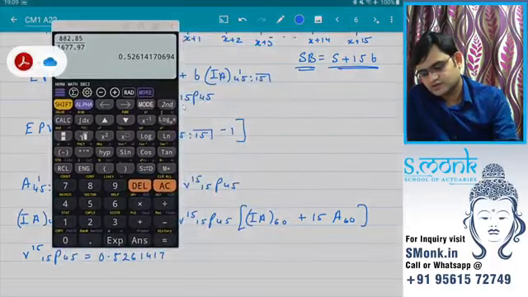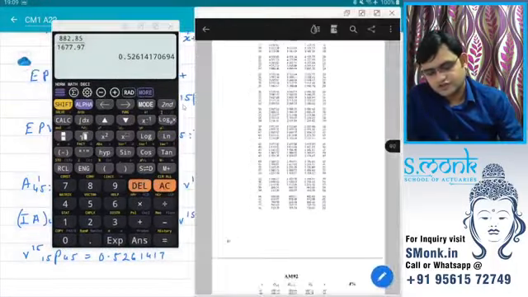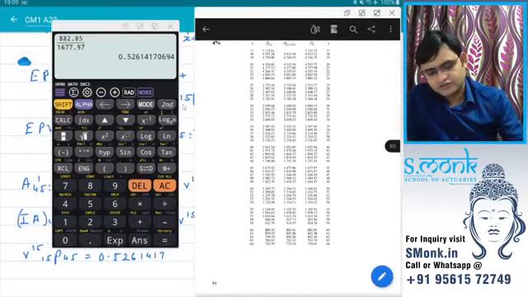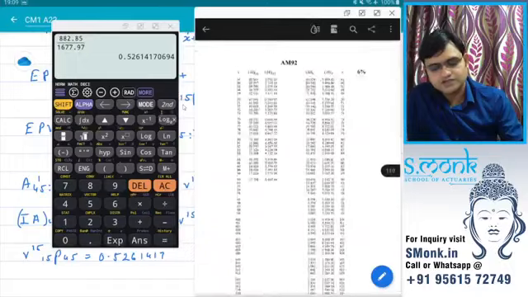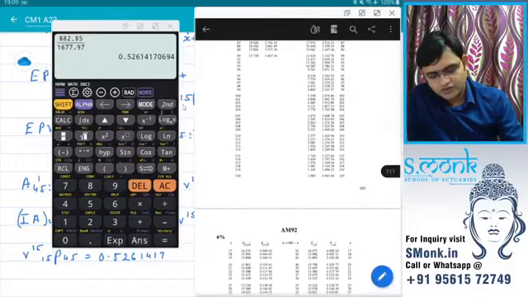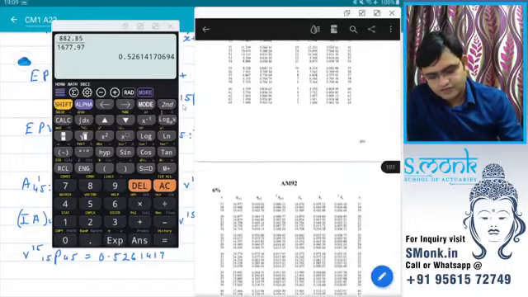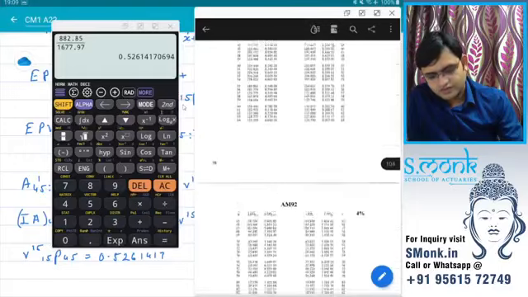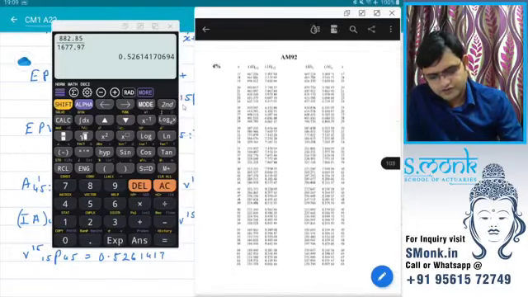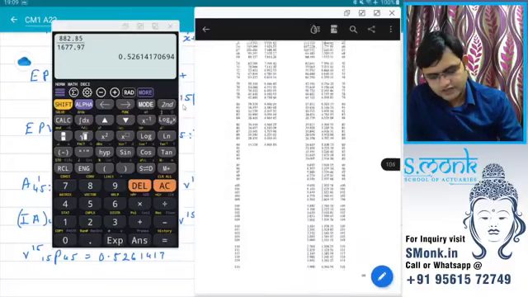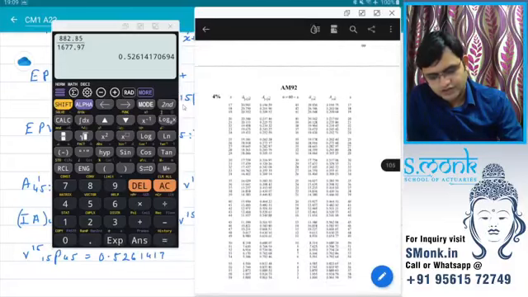Okay, so first let's go to our term assurance. Term assurance I will be calculating from the endowment value. Again, it's slightly easier than calculating from the whole life value. 4%. I have now here the endowment value.